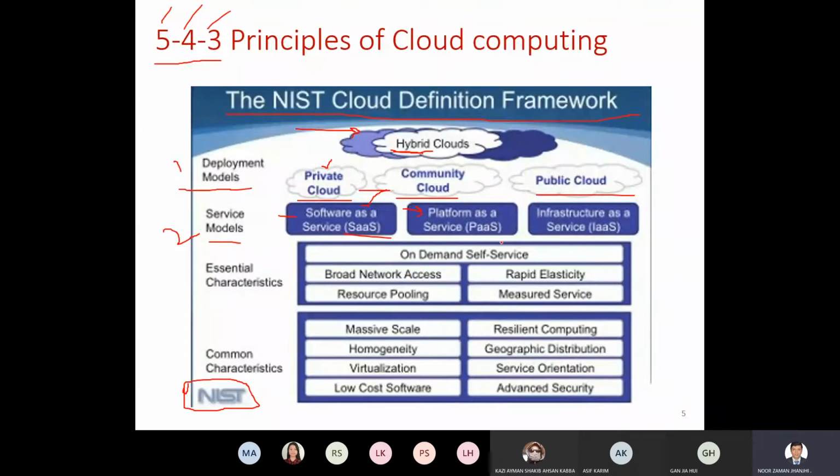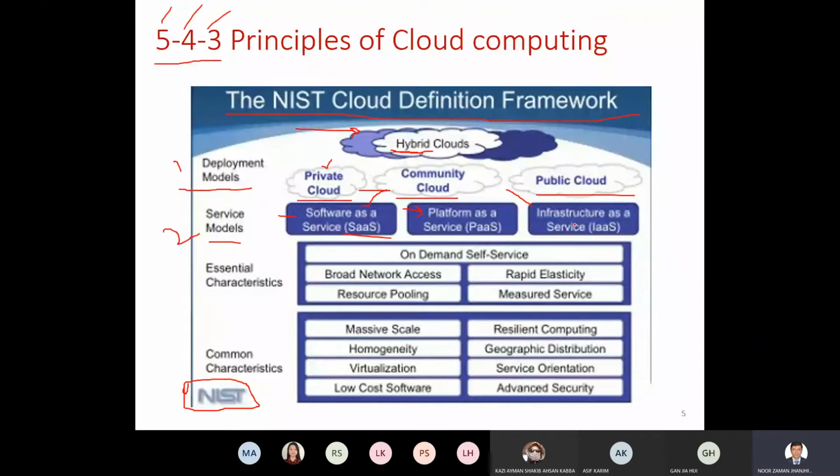Like SaaS, this is PaaS, the platform as a service. The third one is IaaS, infrastructure as a service. So software as a service, platform as a service, infrastructure as a service.